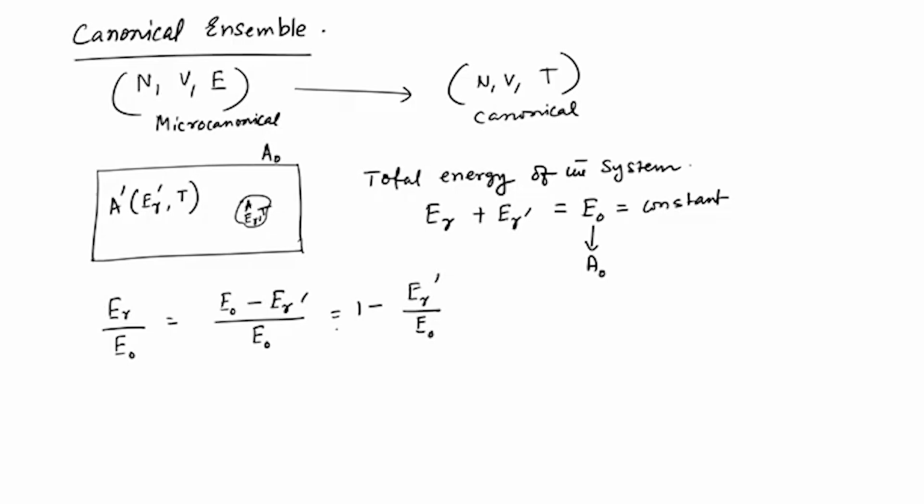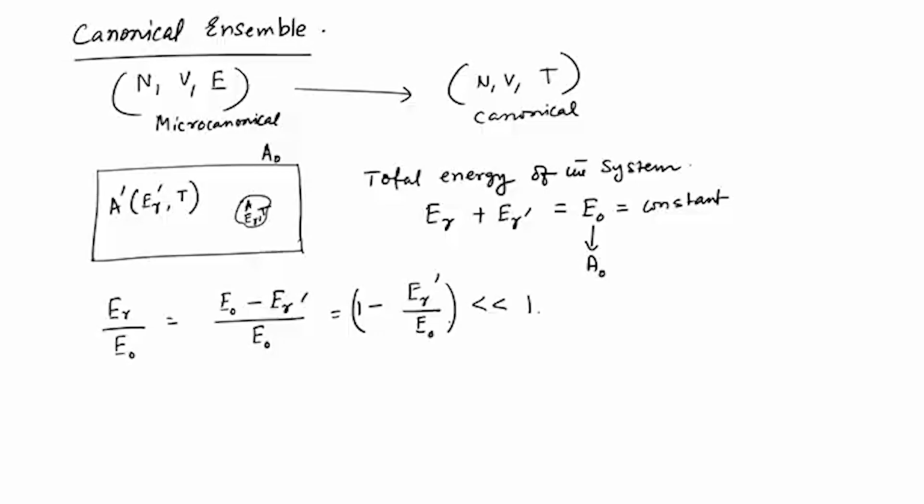And this is much smaller than 1, because this number is very large, and because E r prime, that is all the copies put together, all the members of the ensemble put together, all the microstates put together, takes the maximum of the energy E 0, or the lion's share of E 0, and that is how this fraction is a small fraction.